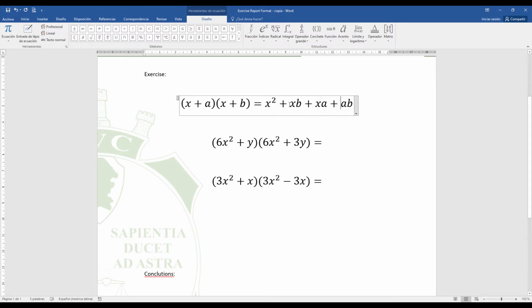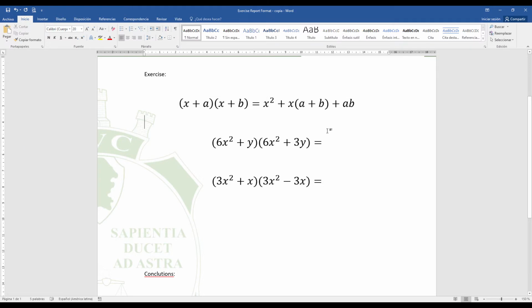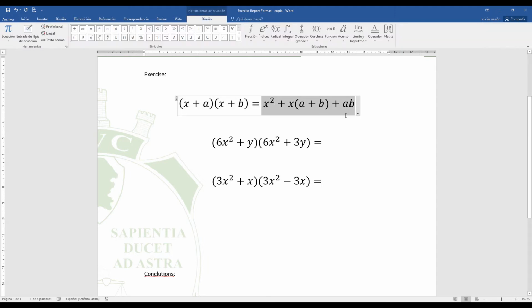So you can factorize the x here and you will get that. This is the formula that we will apply here, so you need to use that structure.